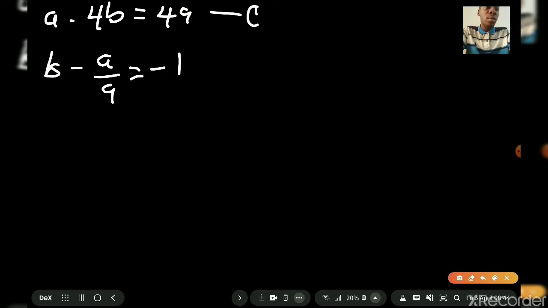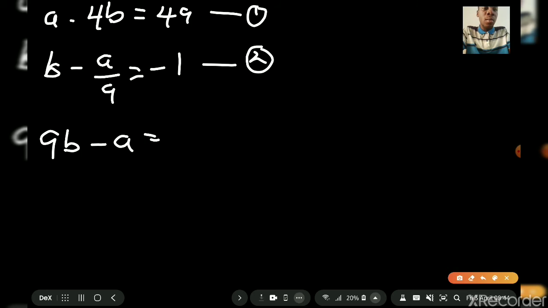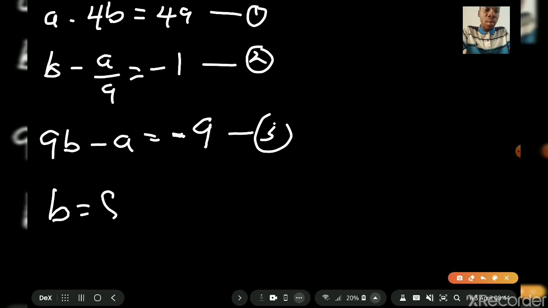Okay, so this is equation 1, this is equation 2. When we multiply equation 2 by 9, we are going to get 9b minus a is equal to negative 9. Okay, equation 3. So when you solve this simultaneously, you are going to get b is equal to 8, and then a is equal to 81.